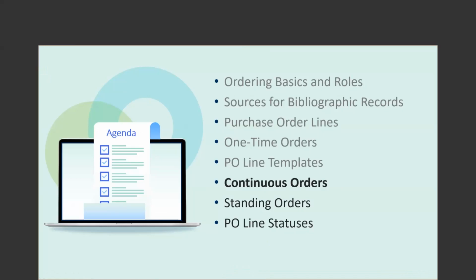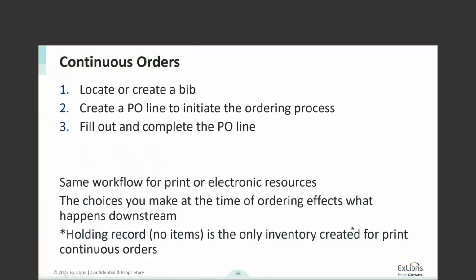So we did our one-time orders. Next are continuing orders. Same workflow. Find a bib, make the PO line, complete the PO line. It doesn't matter if it's print or electronic. Remember, you have to make the correct choices.